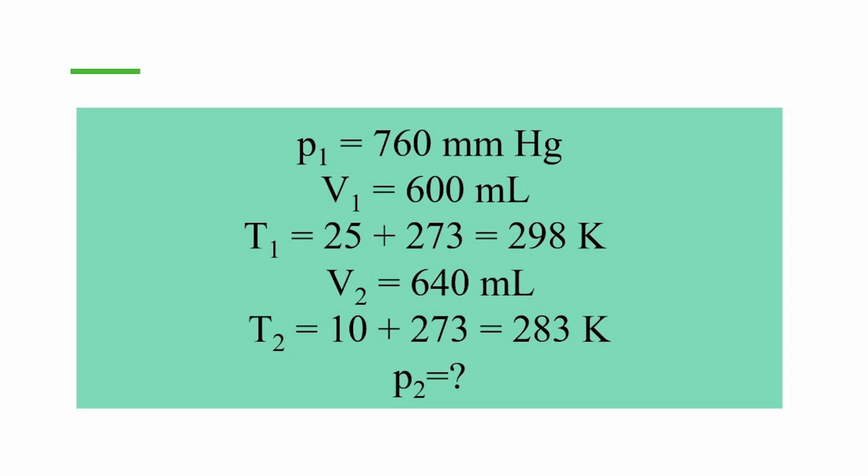For state 2, the pressure we have to find out. Volume is given, V2 is equal to 640 milliliter, and temperature is 10 degrees Celsius. Again converting into Kelvin, we get 283 Kelvin.